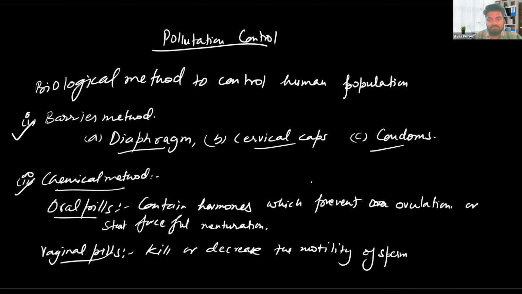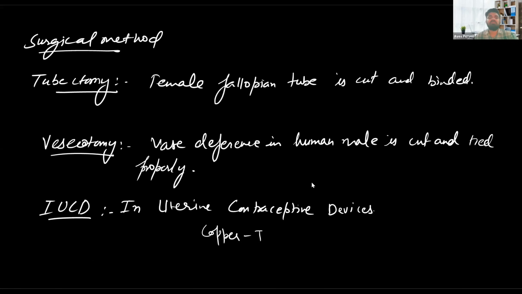Another method is surgical methods. By surgery, the fallopian tubes are cut so that the ovum and sperm cannot meet, and that is called tubectomy. If I talk about this one, that is the fallopian tube.